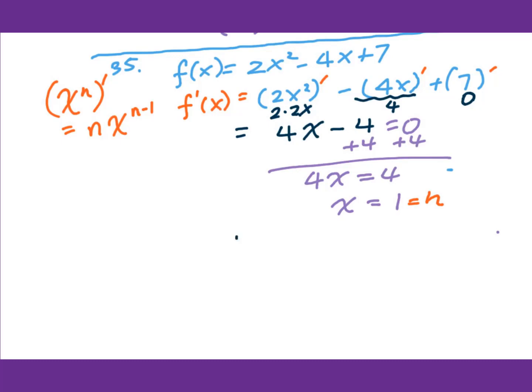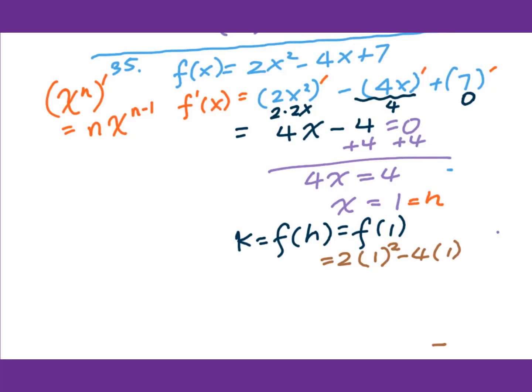Then we can figure out k equals f of h, which means f of 1. Now we plug 1 into the function: 2 times 1 squared minus 4 times 1 plus 7, and we got 5. Therefore, (1, 5) is (h, k).